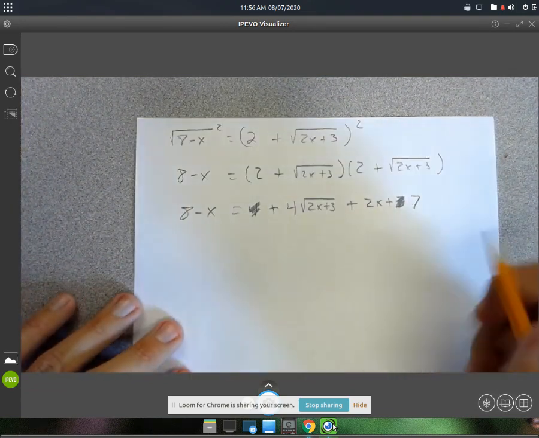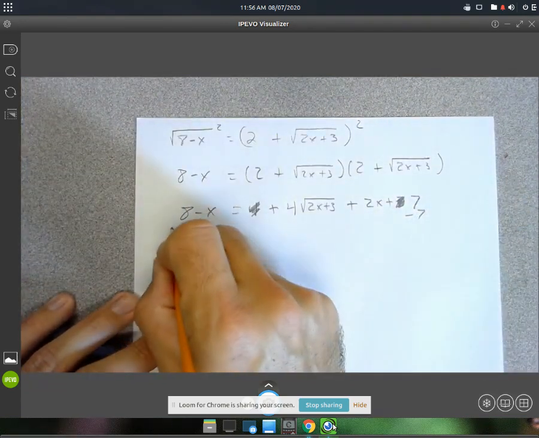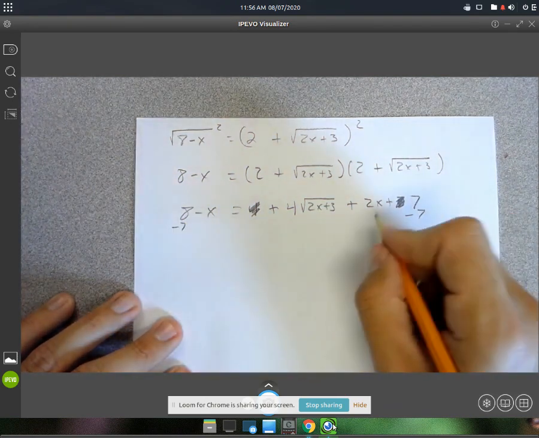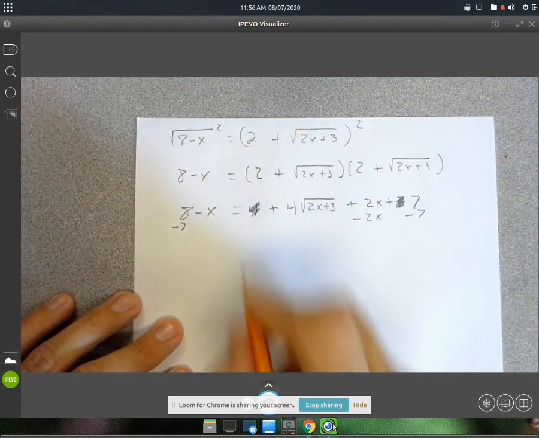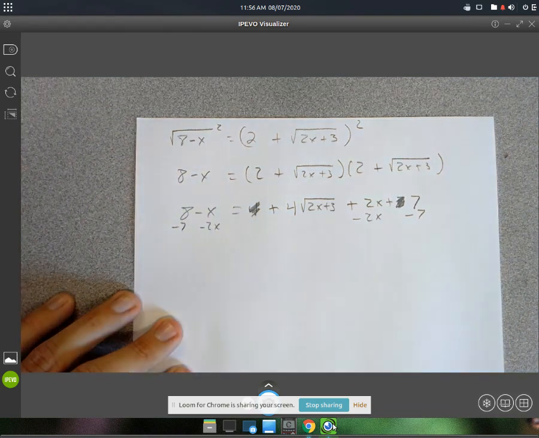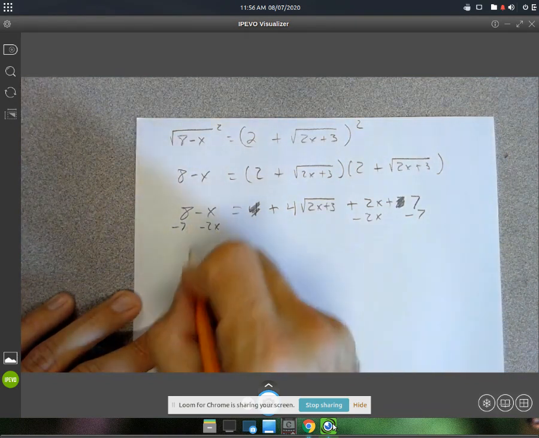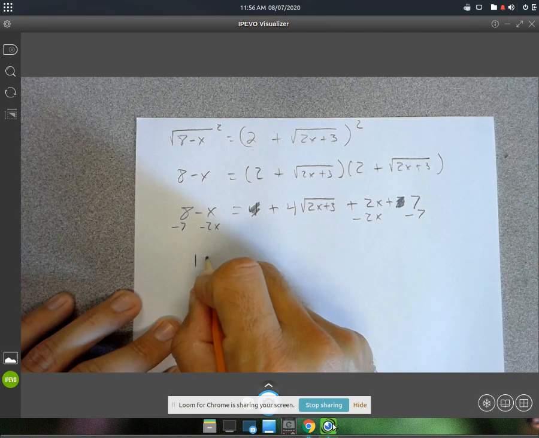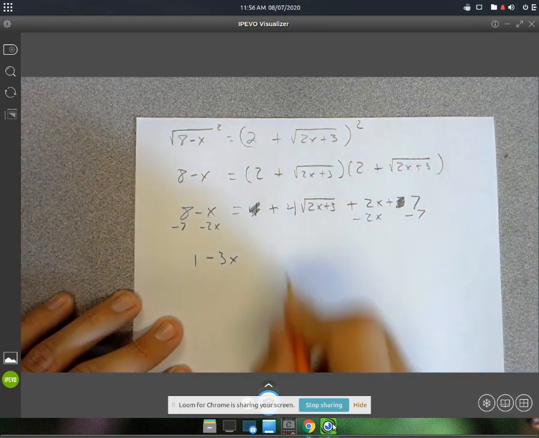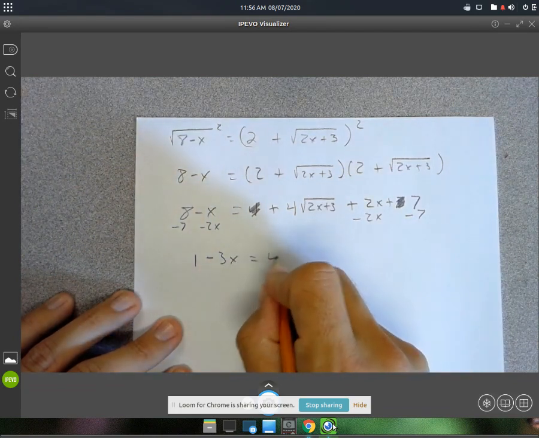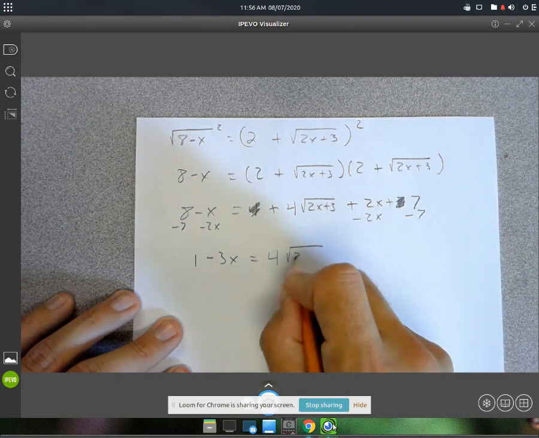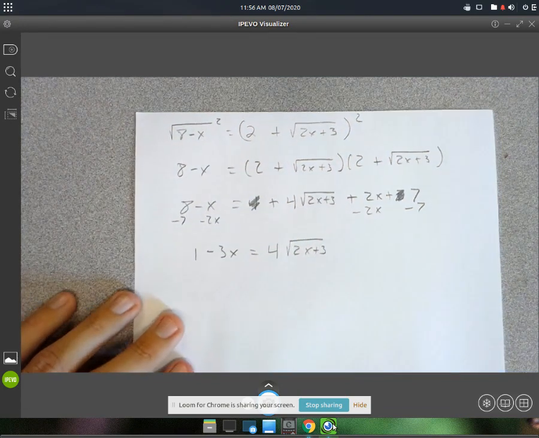And let's subtract 7 from both sides and subtract 2x from both sides. All right. So we'll wind up with 1 minus 3x equals 4 root 2x plus 3.